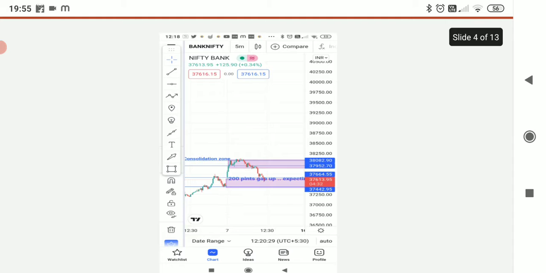Buyers failed there, and sellers gained the power and started selling continuously. At some level it consolidated again and came back. At what level did it come back? The gap where the gap was formed, right there it took support, and it went back again. I will show you that chart in the next slide.